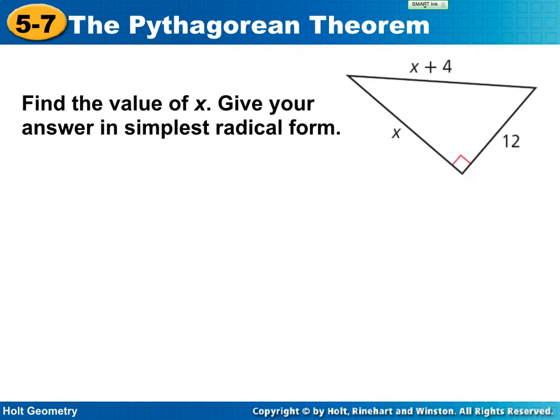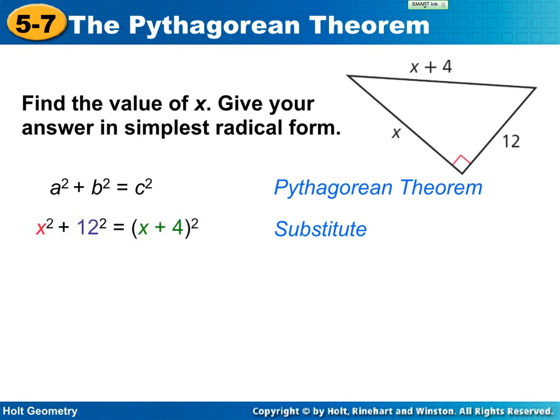So leg squared plus leg squared equals hypotenuse squared. When you square the hypotenuse, put the parentheses around it. So you get x plus 4 in parentheses squared. If you don't have the parentheses, it means something different. And I'll square it out correctly. I'll practice.